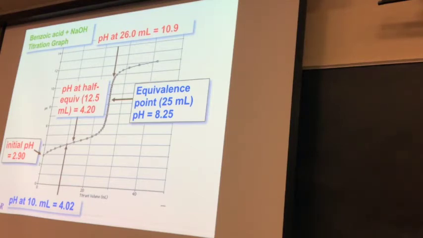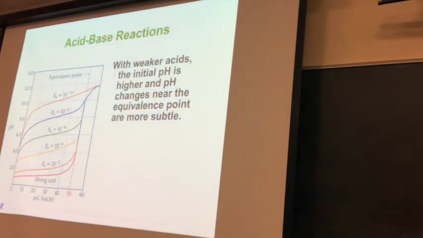All right. The strength of your weak acid really makes a big difference in terms of what the titration looks like. And one of your examples in the titration calculations, the graph looks quite different from the other ones. And that's because the strength of the acid or the strength of the base makes a pretty big difference.